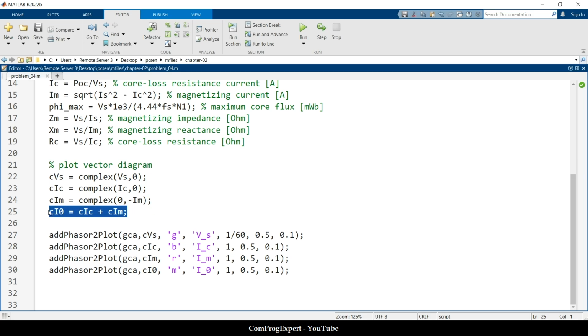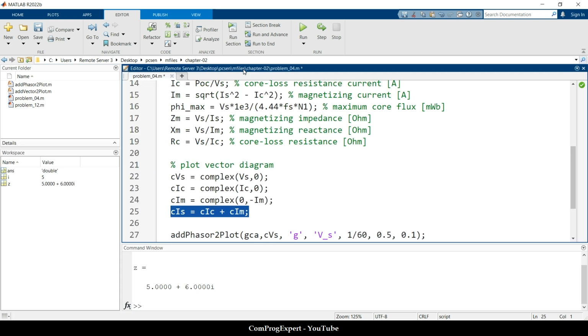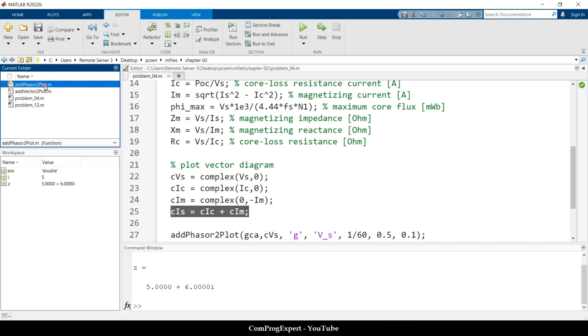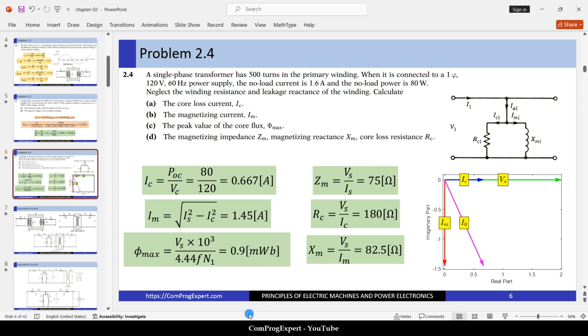Finally, we can sum up these two. This is the complex version of the source current, that is, the core resistance current and the magnetizing current summation. Also, we have two functions here. I defined these two functions, add phasor to plot or add vector to plot, just to generate this vector diagram.